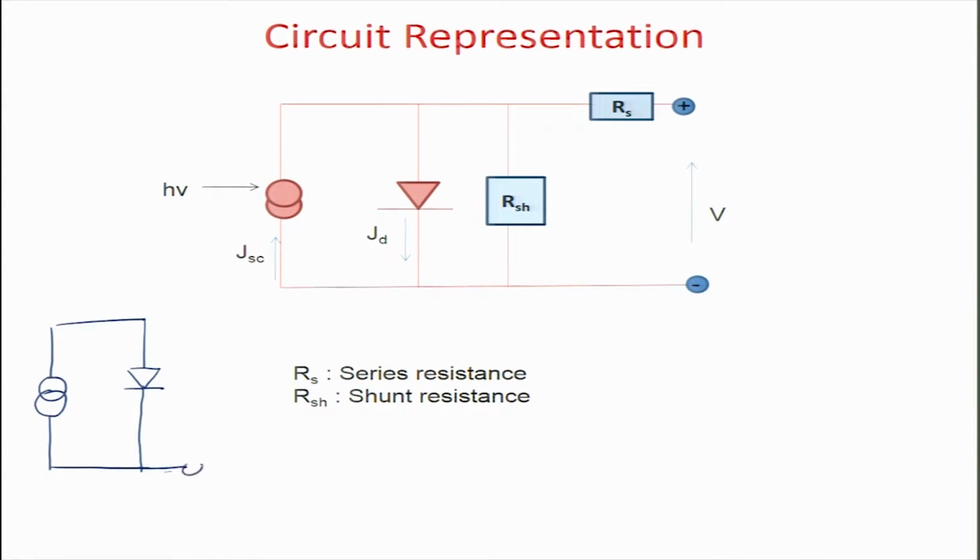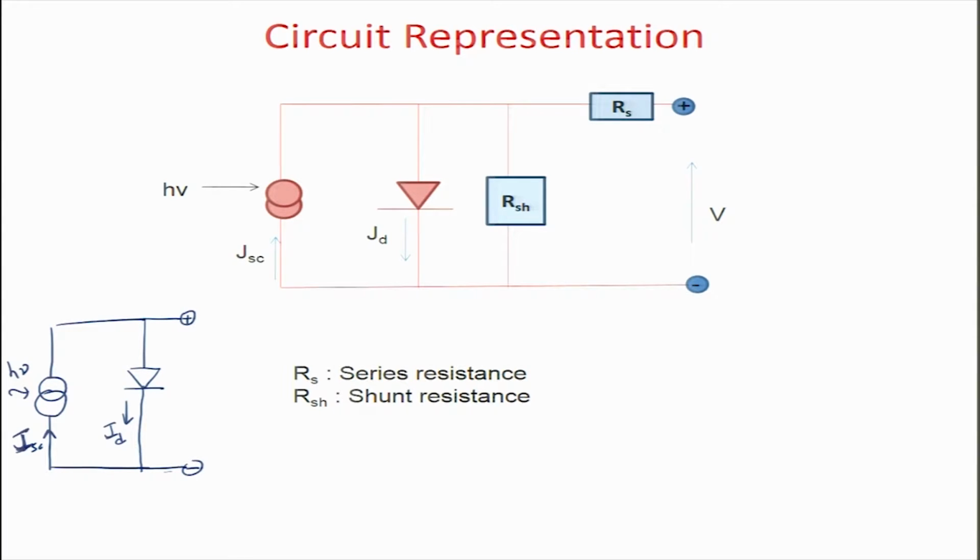So, you have radiation coming, which gives rise to a JSC or ISC. This would be the dark current, the two opposing currents, and there are no parasitic resistances. So, the only thing that counters ISC is the ID, as a function of bias.